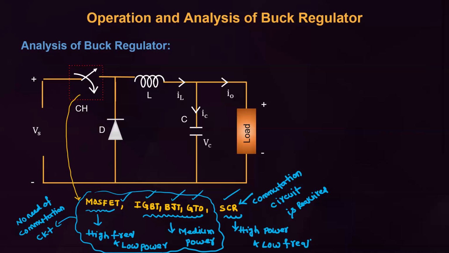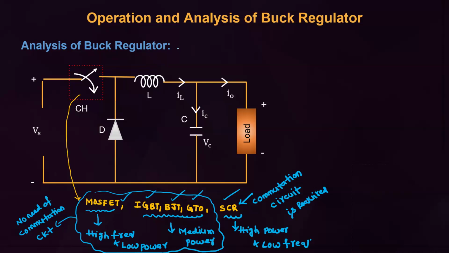Because in most of the competitive exams, they simply frame the question like this: for the chopper circuit shown in the figure, what is the average output voltage? They don't mention the type of chopper. Then which formula do you have to apply? First you have to know the type of chopper. Then how to identify the chopper? Simply remember.